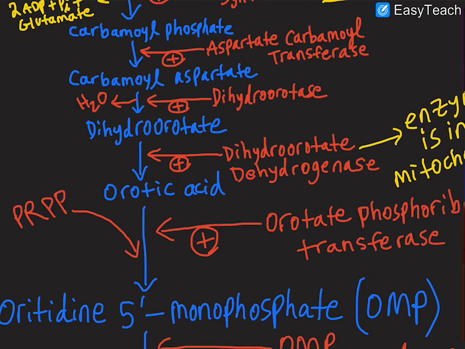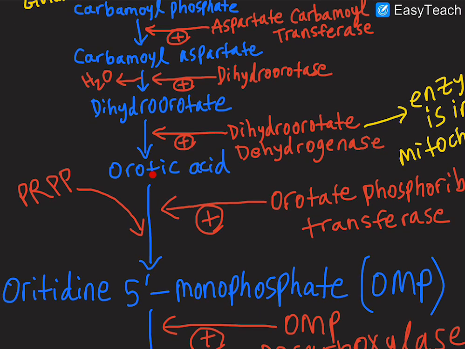Now that we have orotic acid, we can combine it with a molecule called phosphoribosyl pyrophosphate. This PRPP molecule is important because it's going to donate its ribose phosphate group to orotic acid, and we'll talk about this more when we talk about purine synthesis.